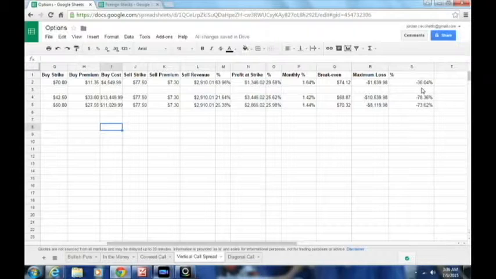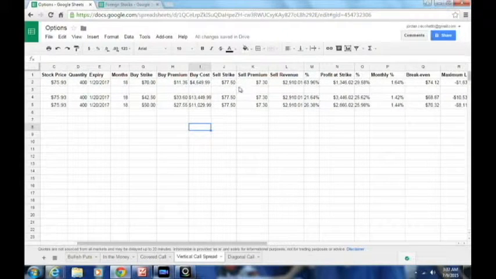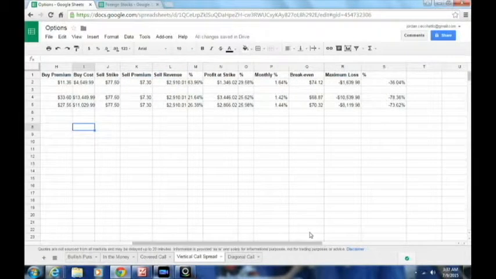So that's only 36% of my initial investment, and I stand to gain almost 30% should American Express trade above 77.50 by January 2017. The lower two buy strike prices would provide returns of about 26%. Again, if it reaches a 77.50 strike on expiry. However, these would have a much greater maximum loss risk.